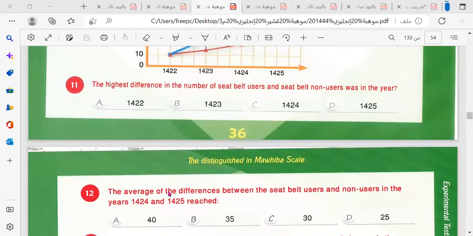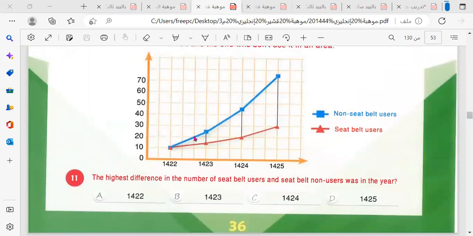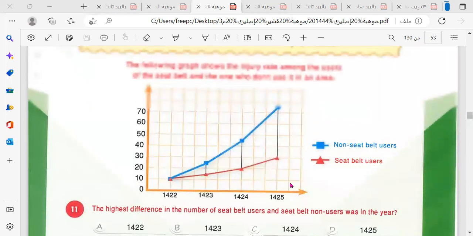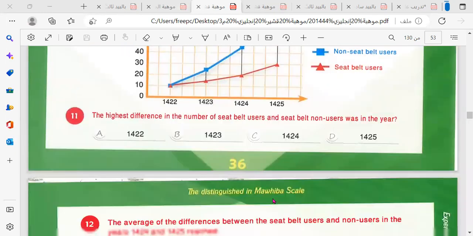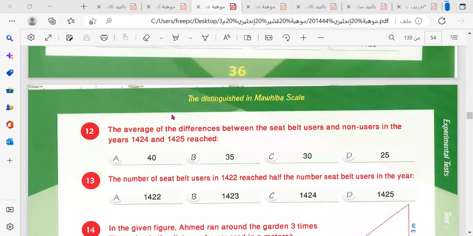So now 1425, what is it? We have here the seat belt user. Here, 1425, we have what? 25. It is 30. Okay. And the next will be what? 1425, oh, that's not non-users.